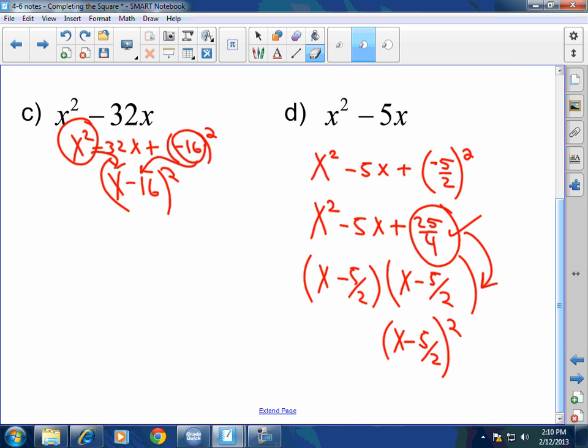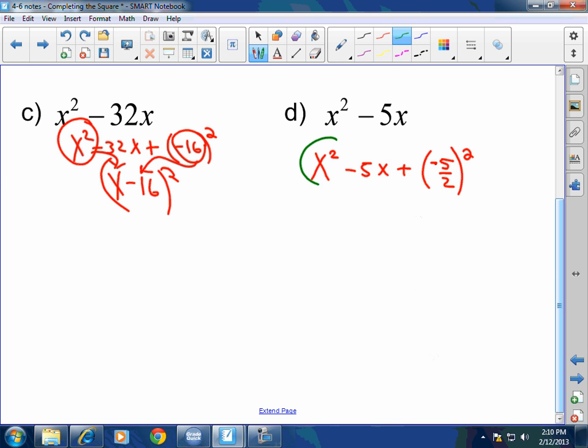Or you could follow my directions and say, first, square root the first term, and whatever's inside of the b over 2 squared, put it next to the x and square it. If you find that more difficult than doing 3 steps, then do the 3 steps, sir.